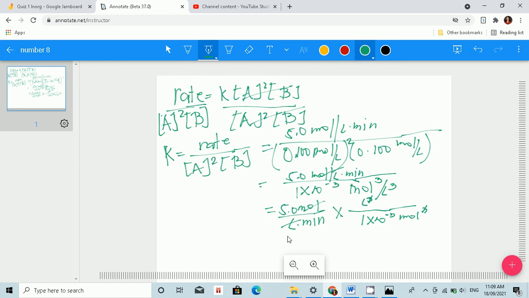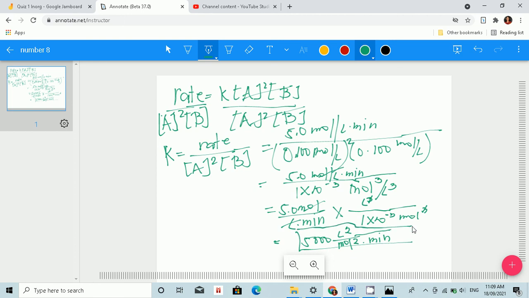5.0 divided by 1 times 10 to the negative 3. That is 5,000. So what's the unit? We have liter squared over mole squared minute. You see this one?